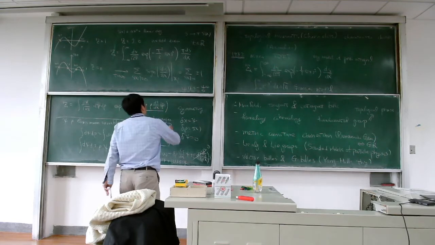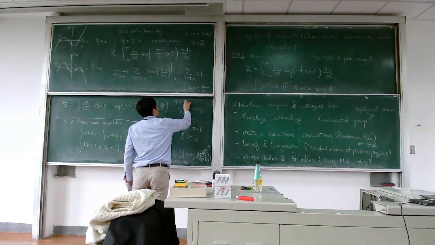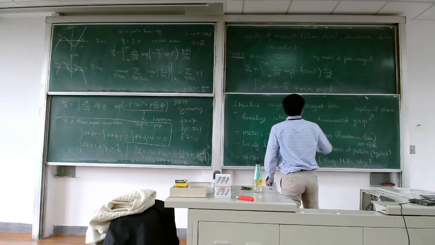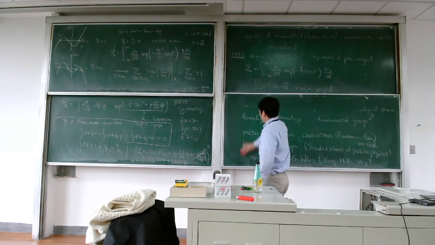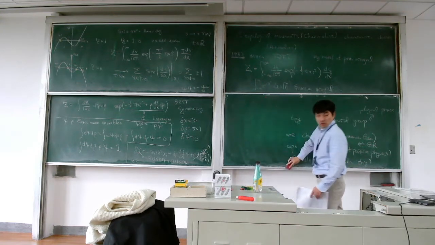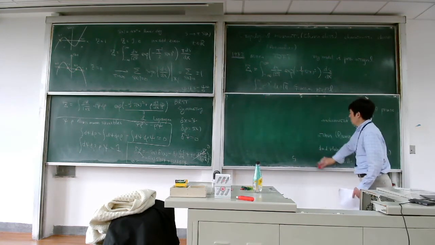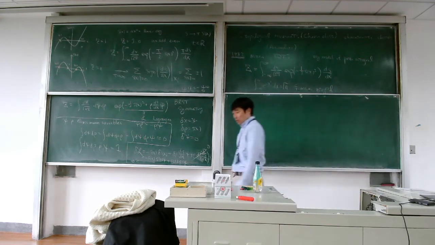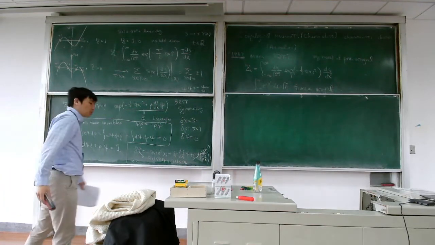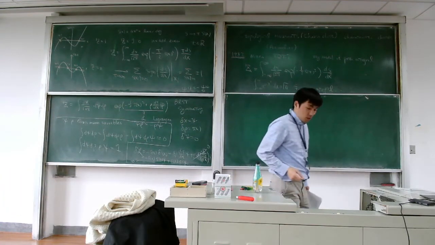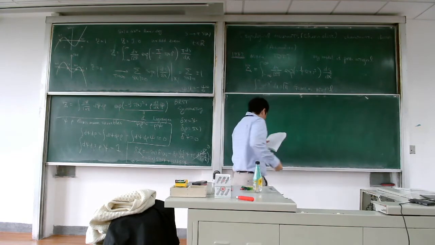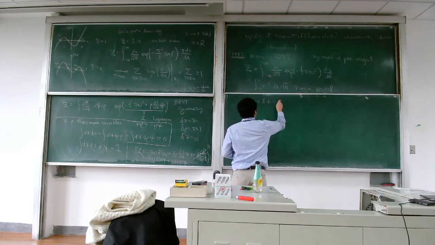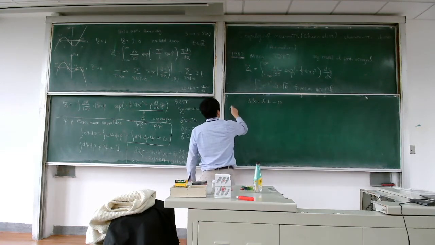And people call it BRST symmetry. The reason why it's called BRST symmetry is that, for instance, if you do that, delta square x is delta psi is equal to 0, so delta square is equal to 0.